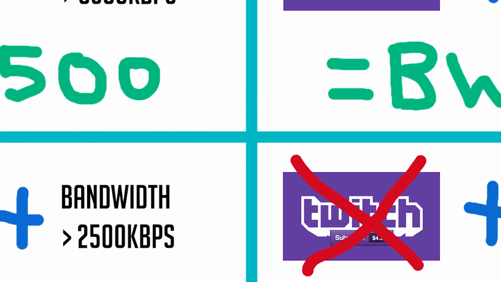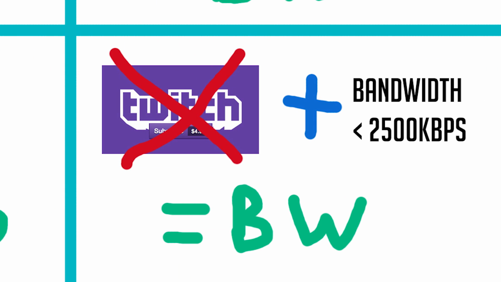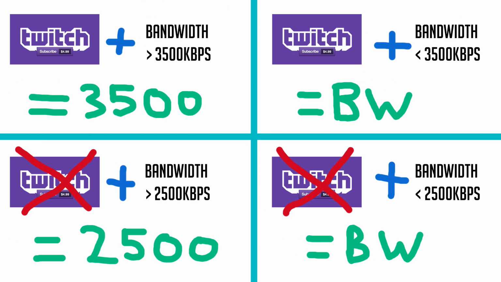Now, if you're not partnered on Twitch yet and the bandwidth is more than 2,500 kbps, then you want to be setting the video bitrate to 2,500 kbps. And finally, if you're not partnered on Twitch and your bandwidth is less than 2,500 kbps, then you want to set your video bitrate to whatever your bandwidth is. Now, just remember that the reason that the lower video bitrate for non-partner channels is just purely so that you don't exclude any potential viewers, since your stream will not be re-encoded by Twitch for lower qualities.